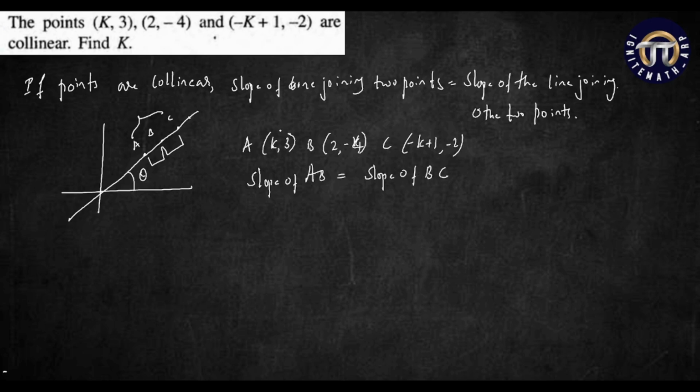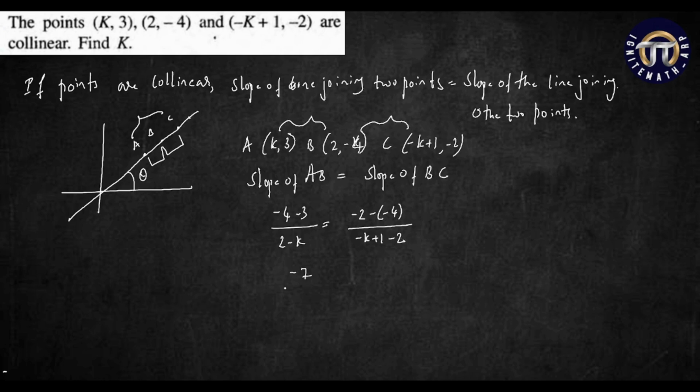Now when I consider AB, it is (y2 minus y1), so -4 minus 3 by 2 minus k, equal to slope of BC. BC in the sense these two points now. So I can say -2 minus of -4 by (-k+1) minus 2.